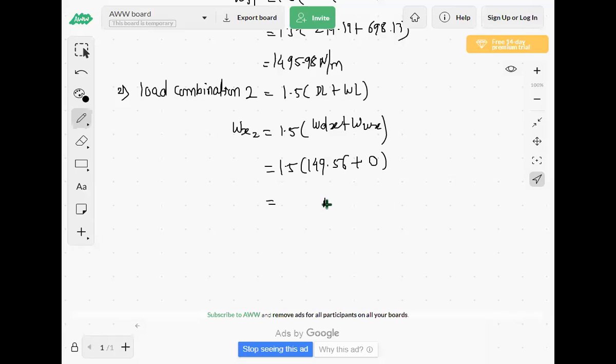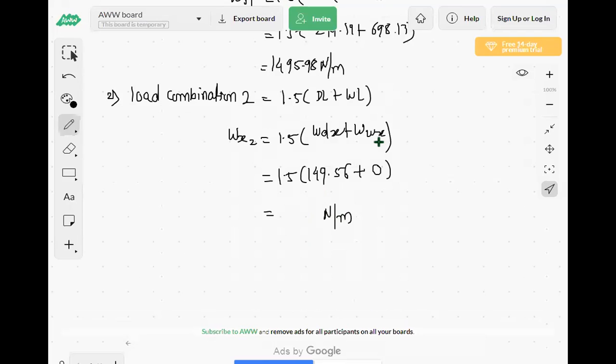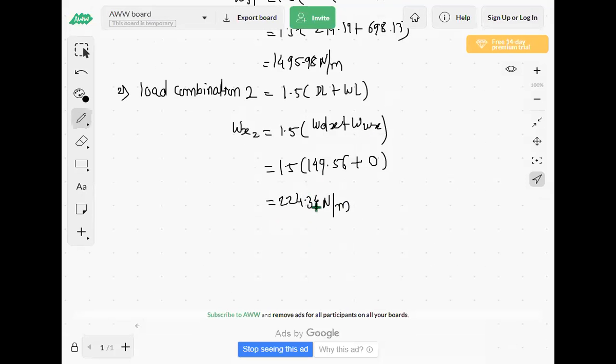So now tell me this value in Newton per meter for the second load combination. 224.34 Newton per meter.